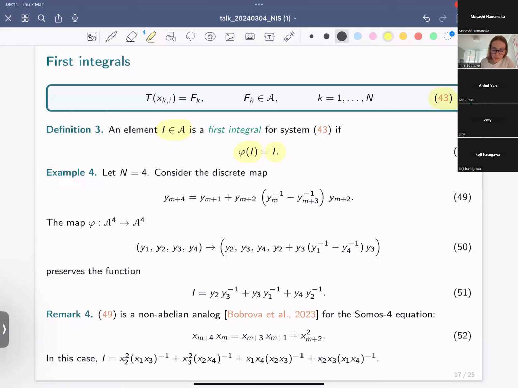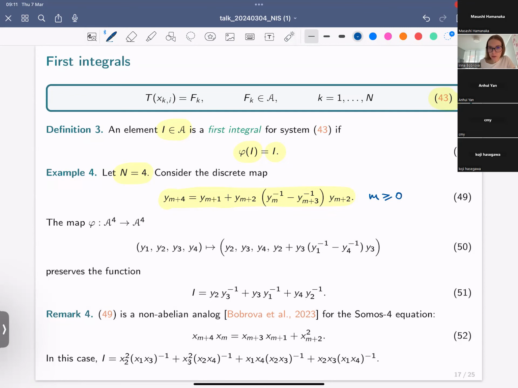For instance, let us consider the case when n is equal to 4 and consider a map of this type. Here we have four initial functions y. It's not necessary, but we can restrict ourselves to m greater or equal 0.